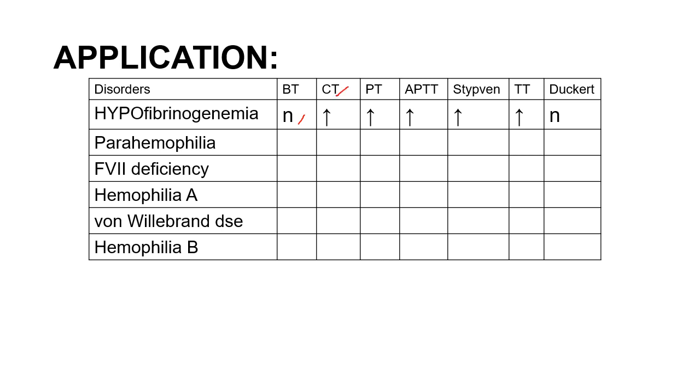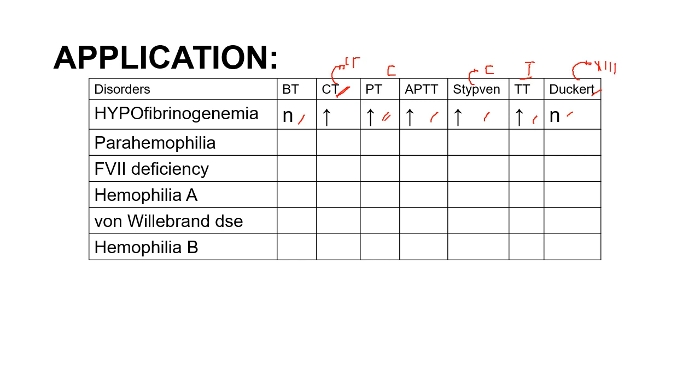Prolong sa clotting time kasi non-specific to through all clotting factor deficiency, prolong si clotting time. PT, prolong dahil kasama siya sa common pathway. APTT, prolong. Stiff vein time, prolong dahil ang focus nito is common pathway. Thrombin time, prolong din dahil only clotting factor 1 is being detected in thrombin time. Duchert's test, normal. Dahil ito ay pang 13 lang.